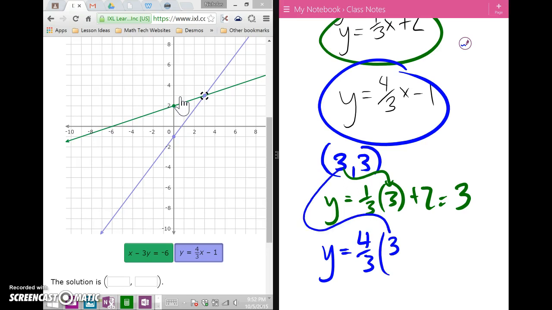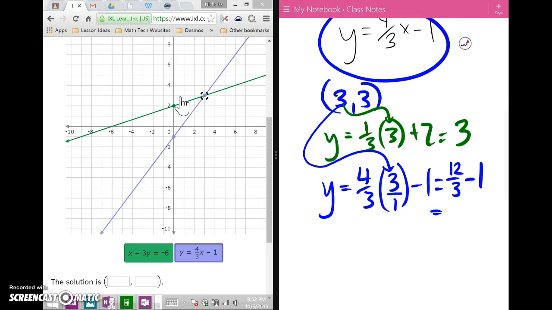The second one is 4/3 times 3, plugging it back here, and minus 1. Now remember, we can act like this is a fraction and then multiply across. 4 times 3 is 12, 3 times 1 is 3, so 12 over 3, minus 1.